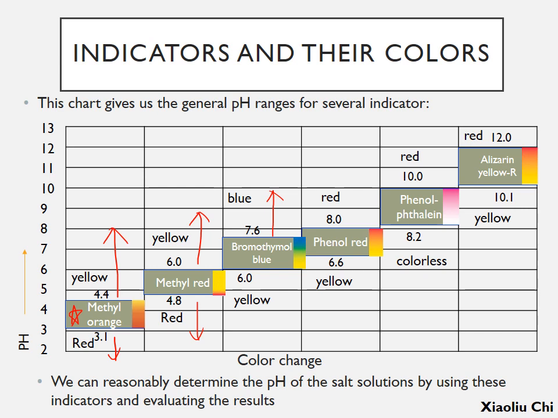Phenolphthalein is red above 10.0, but colorless below 8.2. And alizarin yellow R is red when pH is above 12, but changes to yellow when pH is below 10.1.